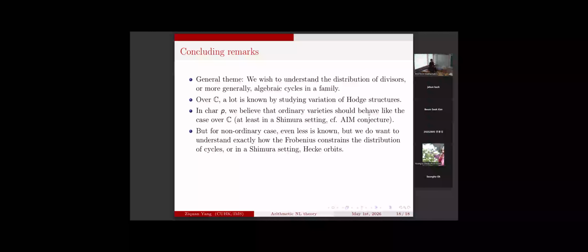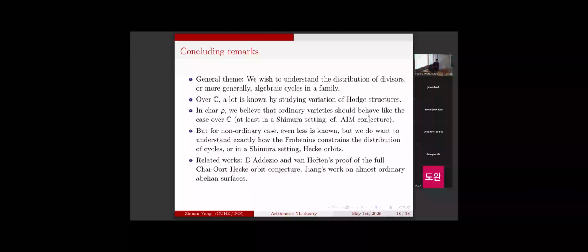But on the other hand, we do want to understand exactly how the Frobenius, which you don't see in characteristic 0, constrains the distribution of cycles in characteristic p. Or in a Shimura setting, constrains the Hecke orbits of a subvariety.